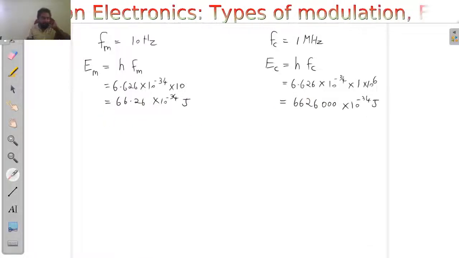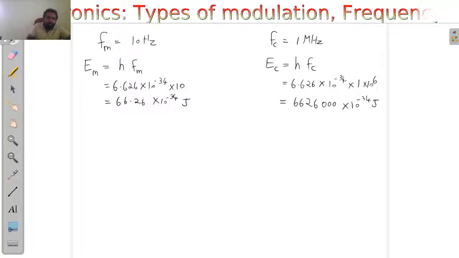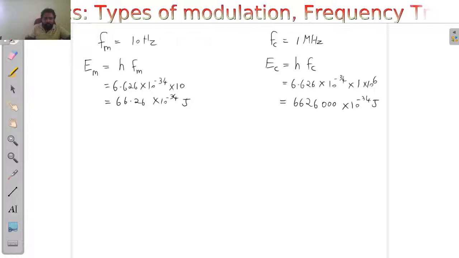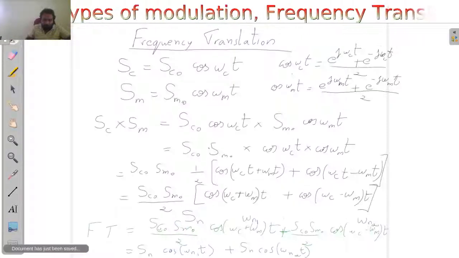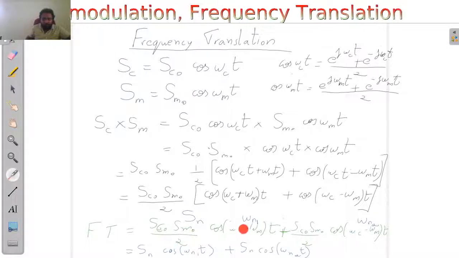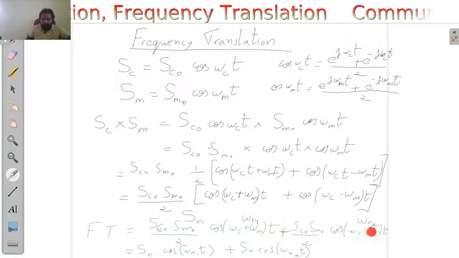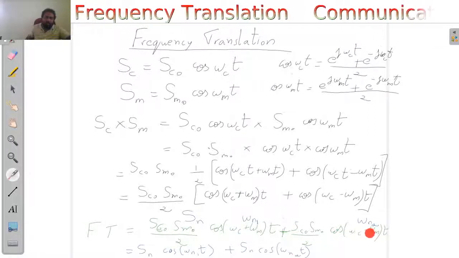So the message gets pumped with energy. Okay, so that's what we are going to evaluate. We have seen that we have two frequencies. One is omega n1 represented by omega c plus omega m. The other one is omega n2 represented by omega c minus omega m.